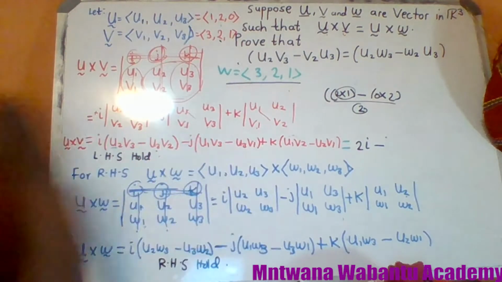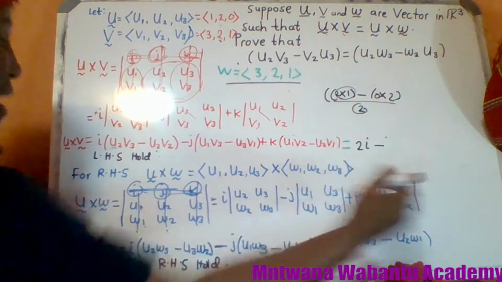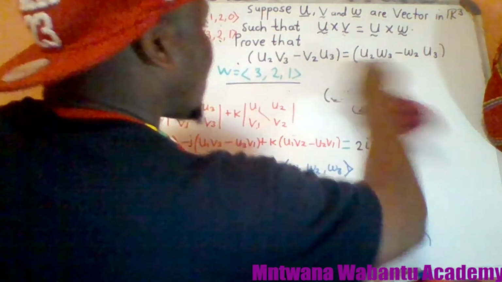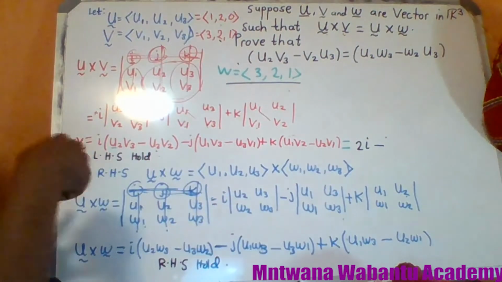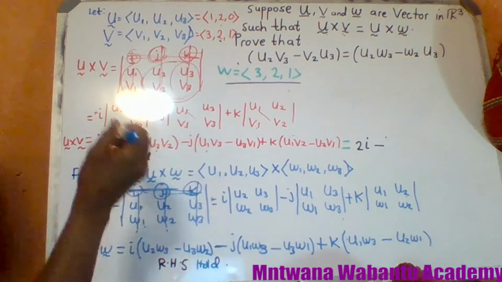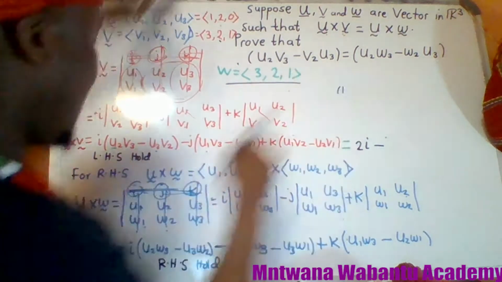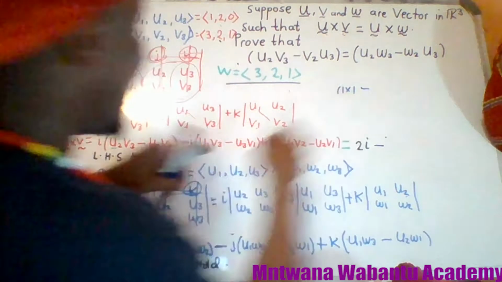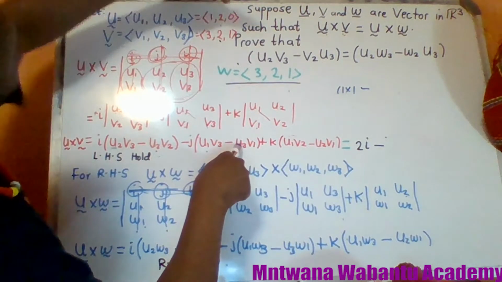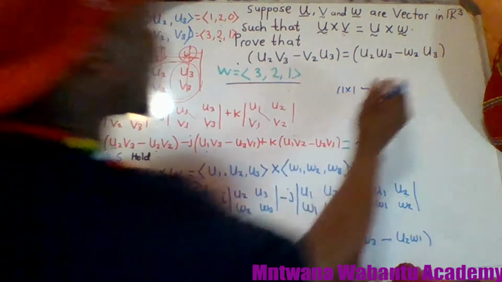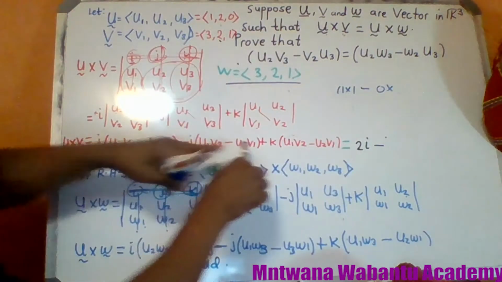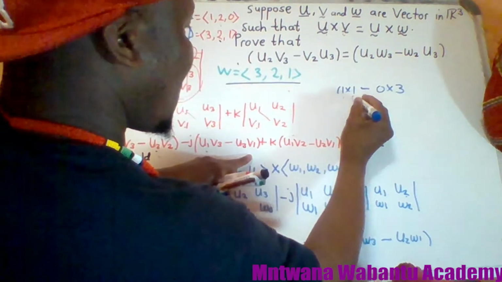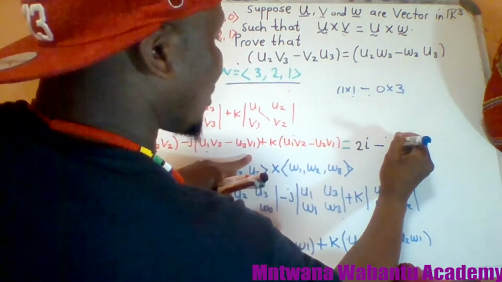Now the next term: U1 equals 1, V3 equals 1, so 1 times 1, minus U3, which is 0, times V1, which equals 3.